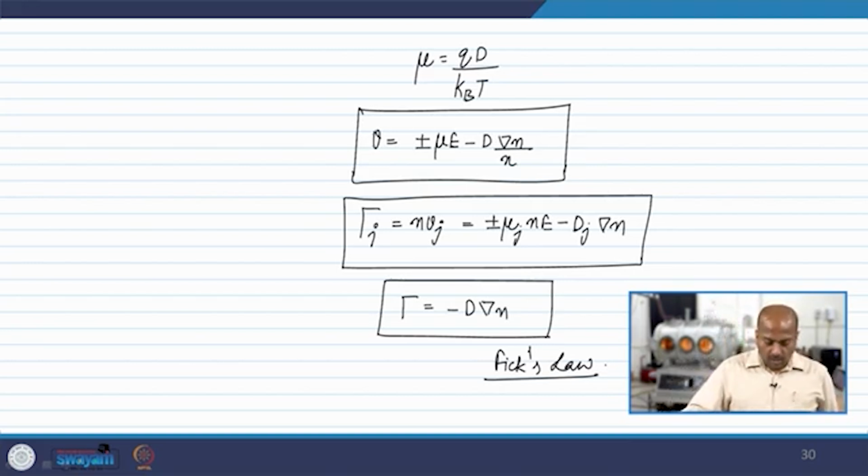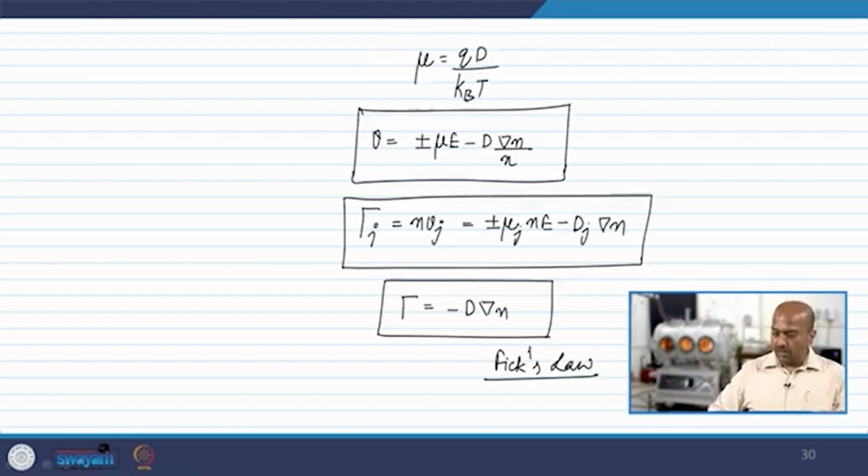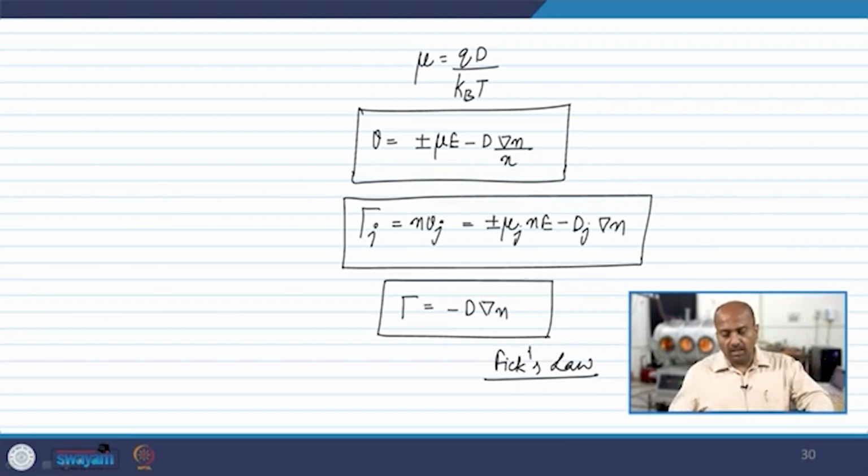Okay. Now, we can get the flux in terms of the mobilities of electrons and ions separately. Let us see how we get it. So, we will write Γ from the earlier relation using this mobility as ±μnE − Dj∇n. So, for ions it will be +μnE − D∇n, and for electrons it will be exactly minus in the first term.